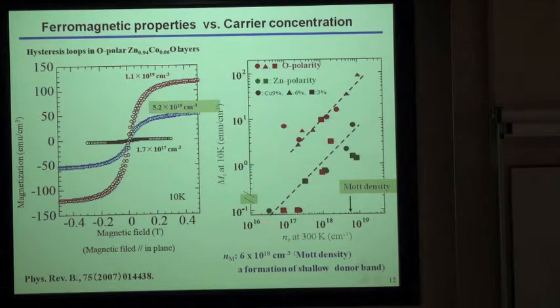But both of them show this kind of carrier concentration dependence of magnetization. With increasing carrier concentration, the total value of the magnetization increases like this, and above a density of about 6 times 10^18, it shows almost 2 μB per cobalt. It is large enough to say that it is a ferromagnet.